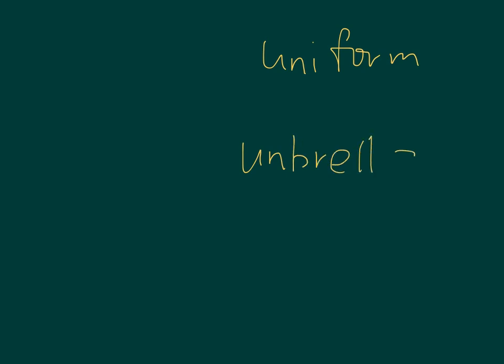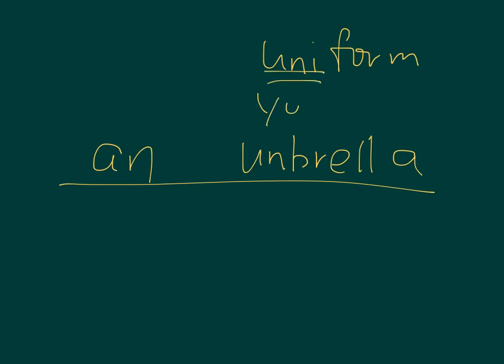So let me explain a bit. We have uniform and umbrella. While we describe umbrella, we use an, right? But uniform, because this first sound is pronounced as U, so we use a, right? Another example is university.